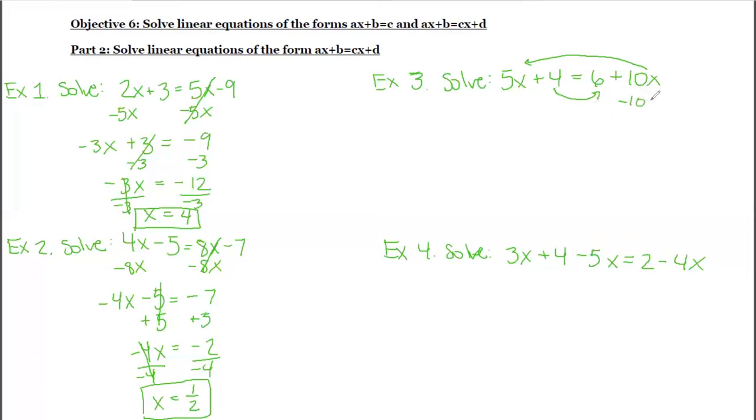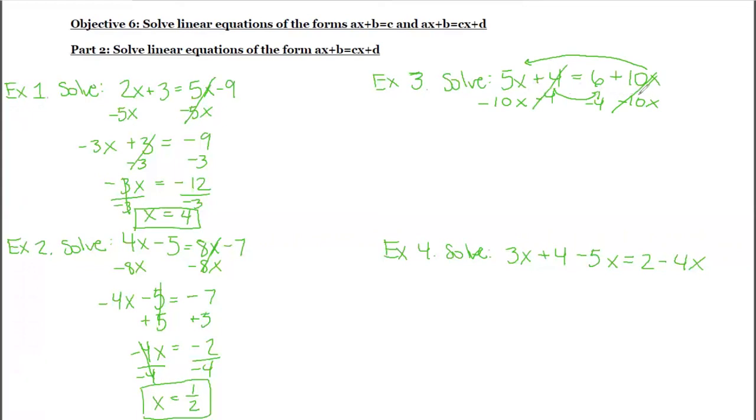So I'm going to write it in one step. You do not have to do this. Please write all your steps if you need to. So I'm going to subtract 10x on both sides because it's positive right here. And this +4, I'm going to subtract it on both sides because it's positive.